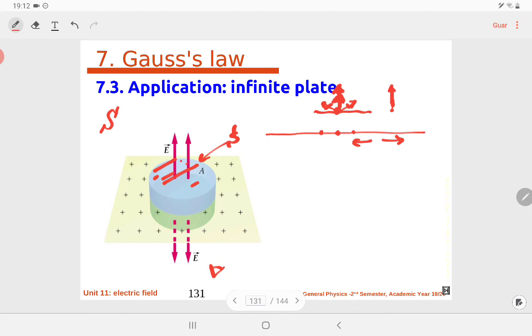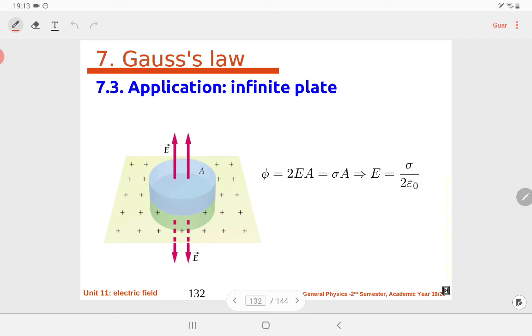Also in the lid that you have below, which we don't see because there's a plane. And then on the sides of this virtual, non-material surface, the electric field is parallel to the surface, so the total flux there is 0.